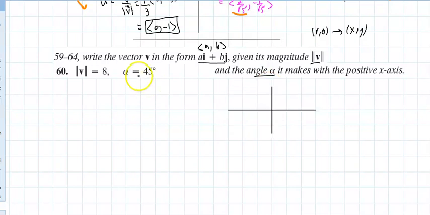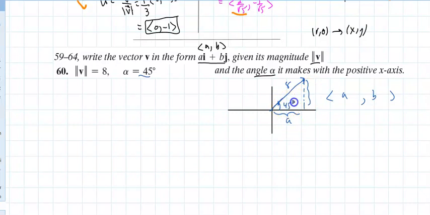Look what happened. They rotated 45 degrees and they moved 8 units. Can you tell me what the A component and what the B component is? Well, hey, isn't this taking the place of X?